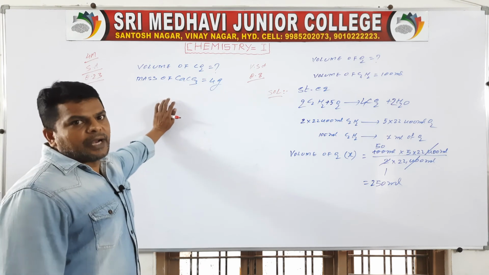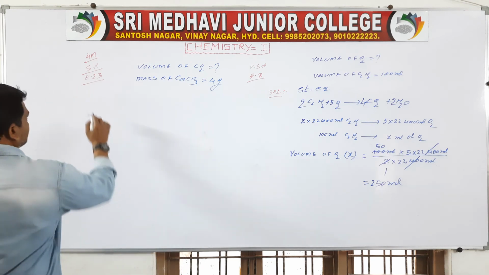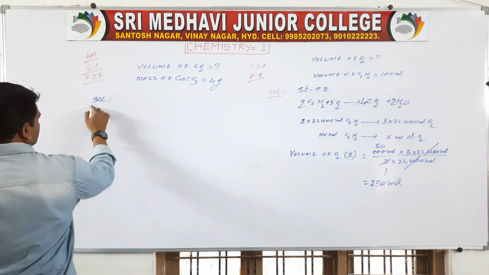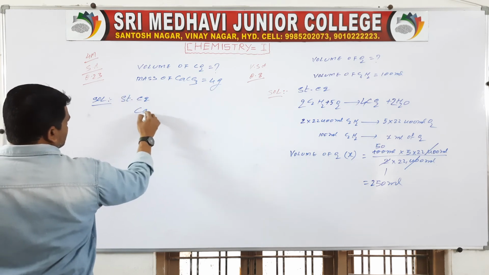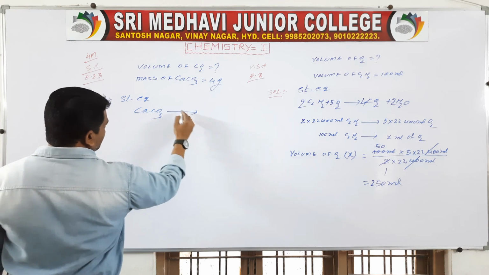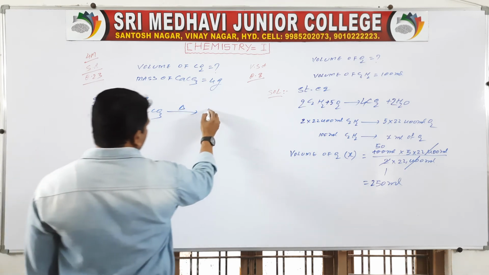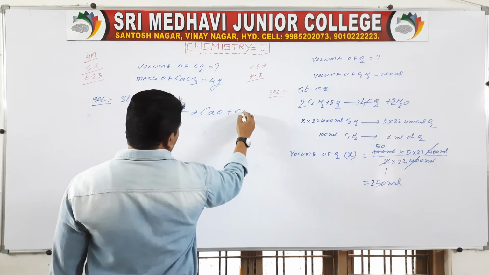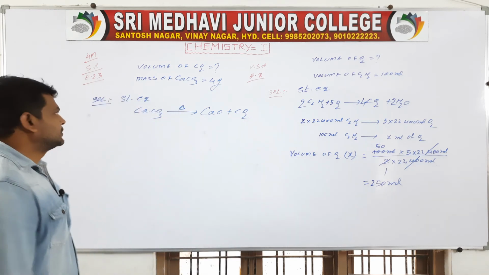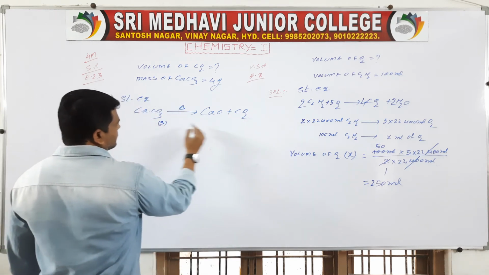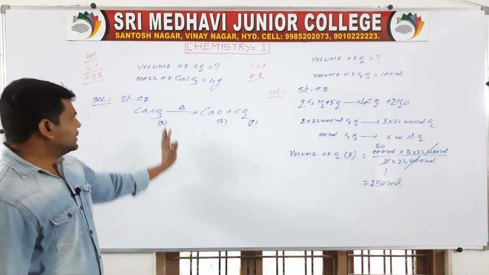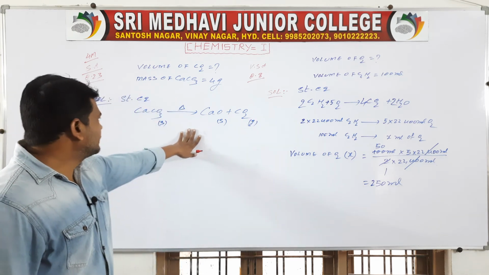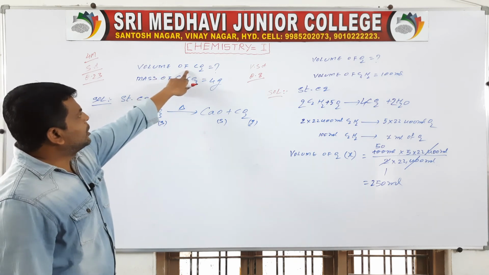We have to write the stoichiometric equation. CaCO3 on heating gives rise to CaO plus CO2, solid and gas.